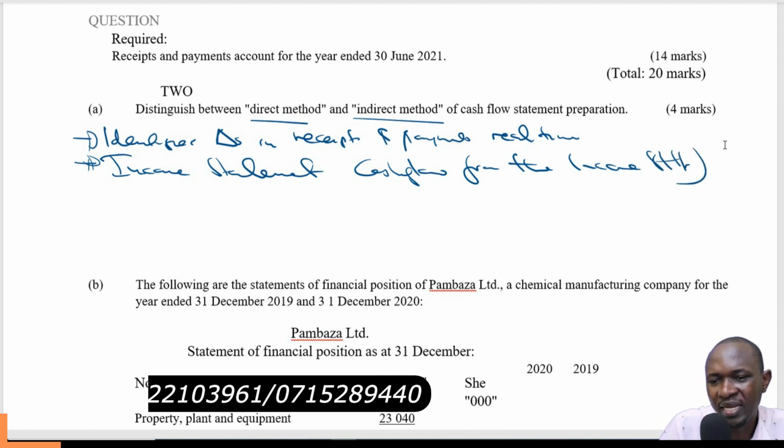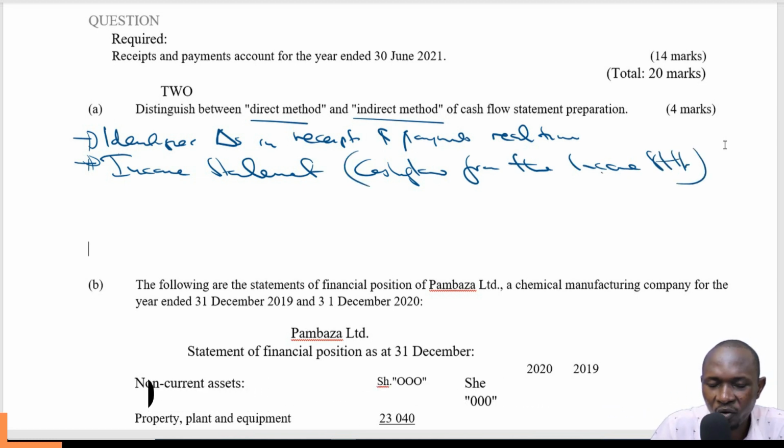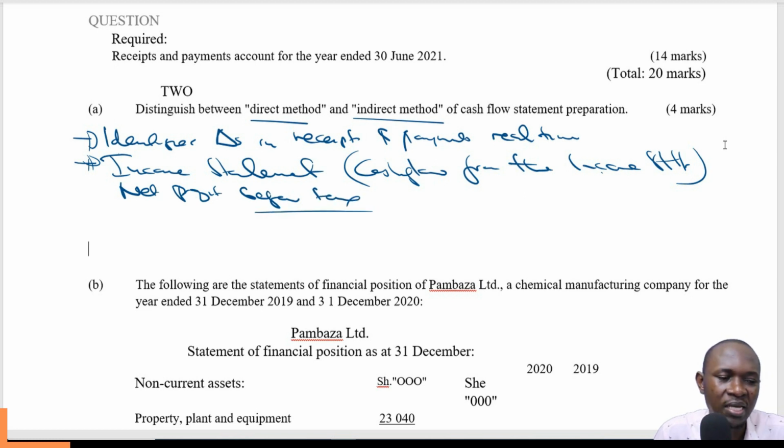So for the indirect method, we start working, like going backwards, where we start with the net profit before tax, and then we possibly add or subtract changes in the non-cash movements within that particular period of time.